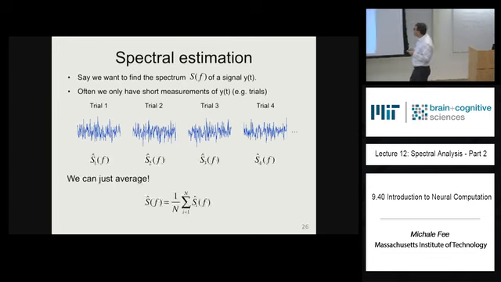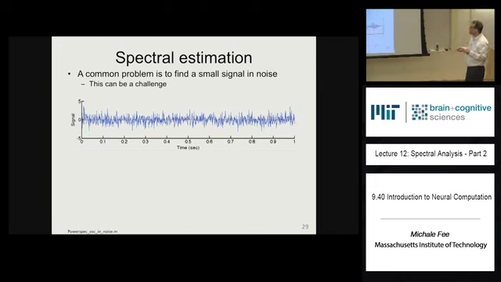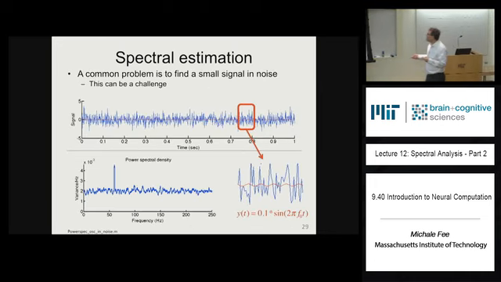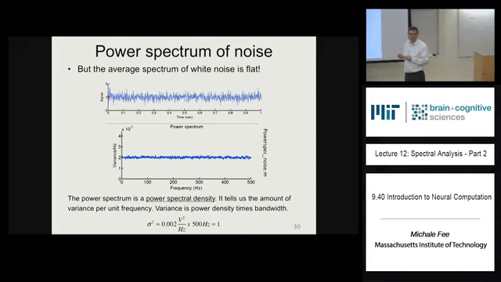Okay? In order to estimate what the spectrum of noise looks like, you have to take many examples of that and average them together. And when you do that, what you find is that the power spectrum of noise is a constant. It's flat, for Gaussian noise.